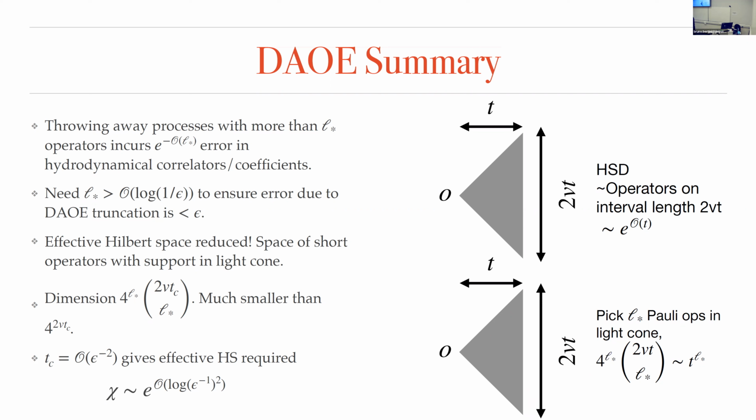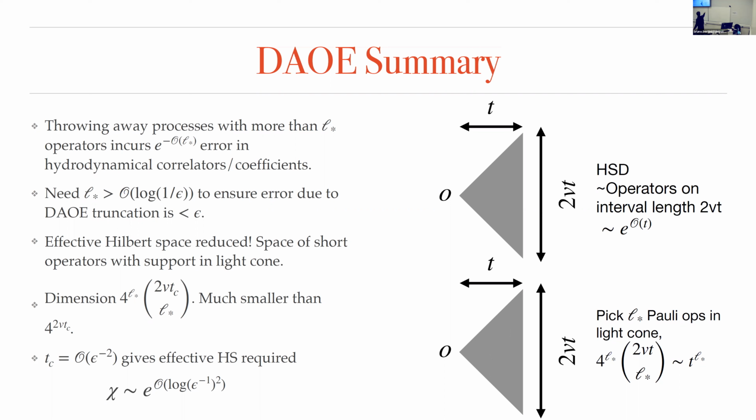Well, the way you do that is you go to your light cone and you pick L star sites. So it'll be size of light cone, choose L star. And then on each of those sites, you could either have the identity operator or X or Y or Z. And this correctly enumerates all operators that are less than or equal to L star in size of light cone.